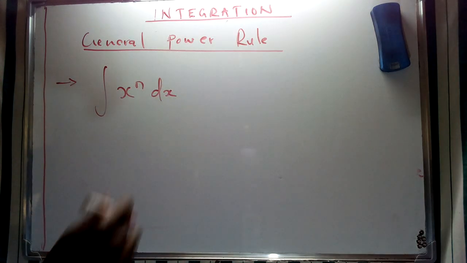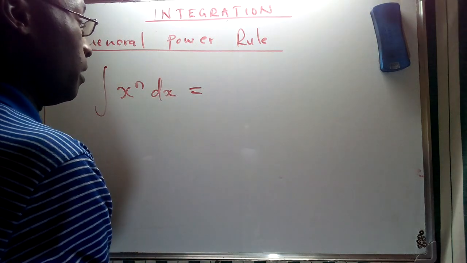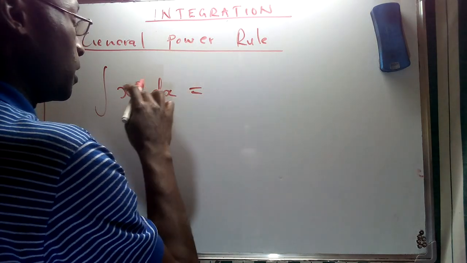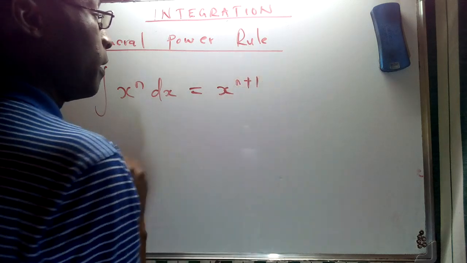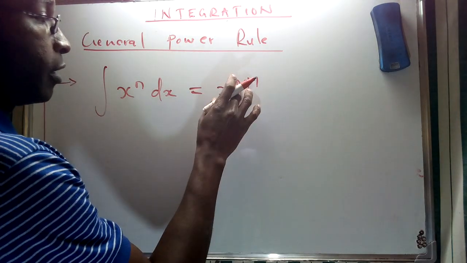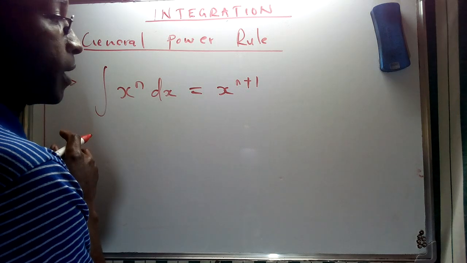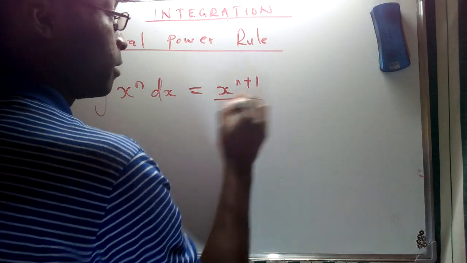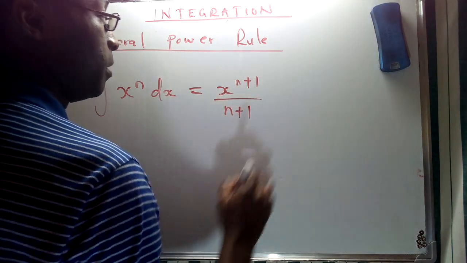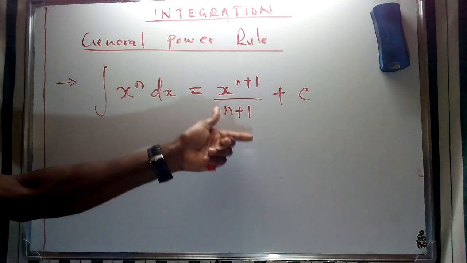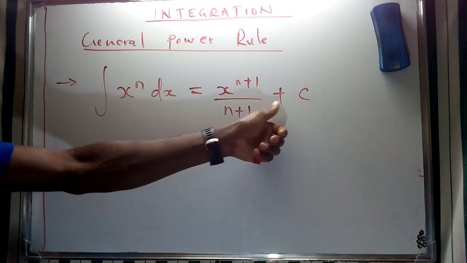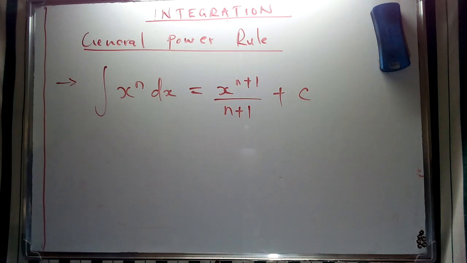And we said that for such an integration, we are going to increase this specific exponent by 1, and the result of that is going to form our denominator, so it's going to be given as x^(n+1) over n+1, plus that specific constant.